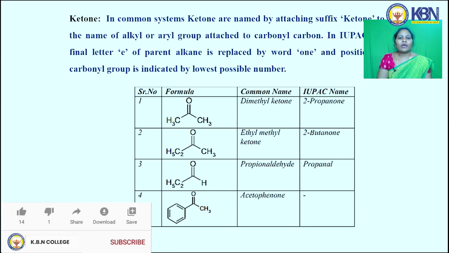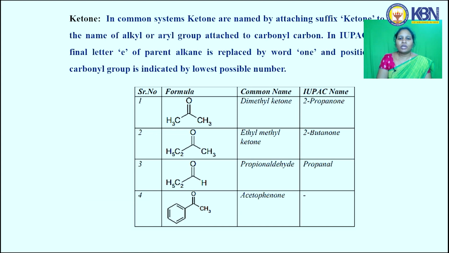Let us take one example, which is called dimethyl ketone. The formula is CH3 C double bond O CH3, and the IUPAC name of this compound is 2-propanone.